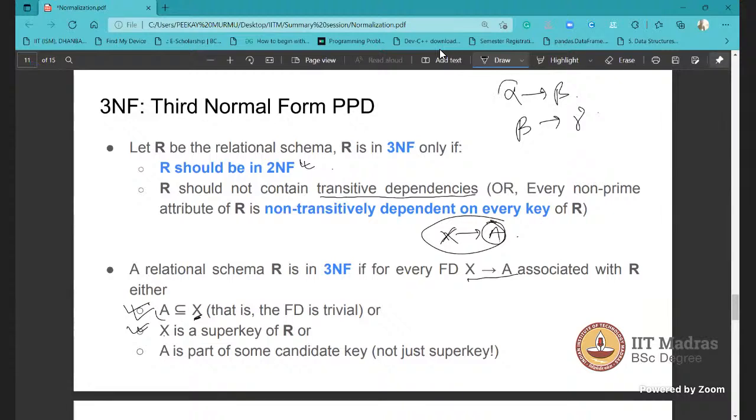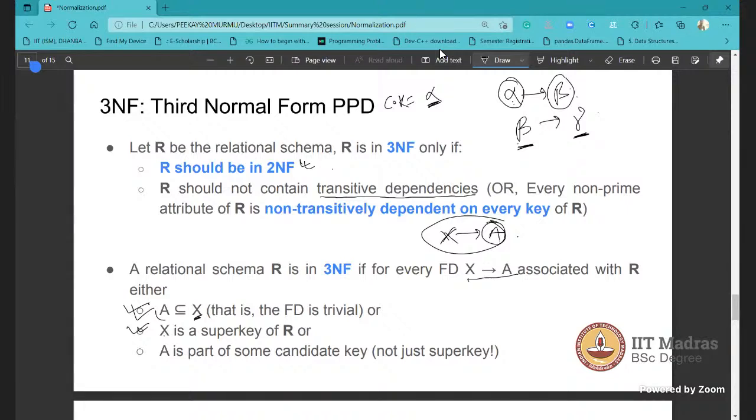Suppose this is the candidate key. If alpha is the candidate key, it determines beta, and this beta determines another non-prime attribute. If a non-prime attribute determines another non-prime attribute, that is what we call a transitive dependency, right?